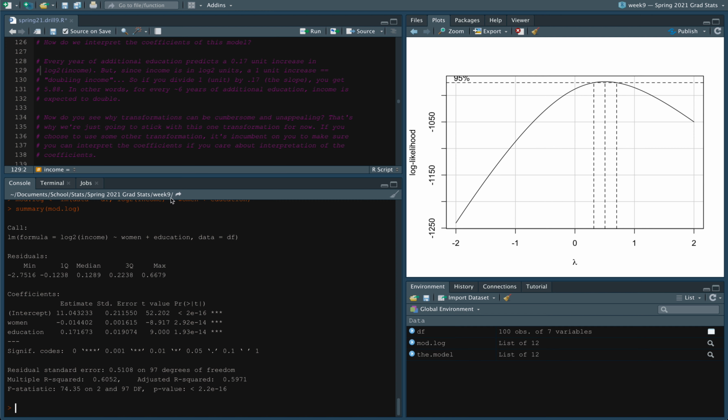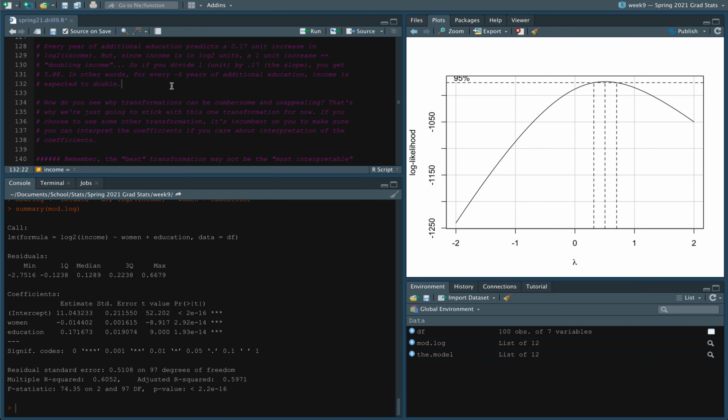So take a few minutes to mull on this and figure out exactly why approximately each 6 years of education doubles income, and how we come to that based on these coefficients. And if you're still struggling, feel free to reach out to me or Bill, and we'd be happy to explain it to you.